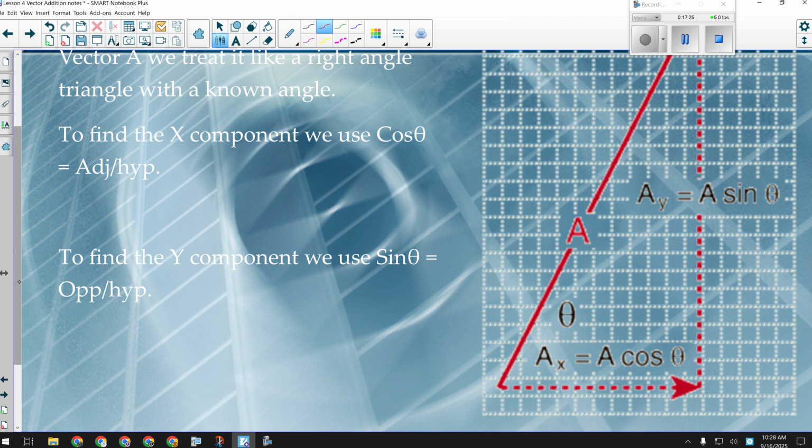Is y always going to be opposite? It isn't always. It depends how the triangle gets drawn. If the triangle just happened to be oriented differently, y could be the adjacent side. So let's say I had this triangle here, and I knew that this angle was 60 degrees. Well, no, sorry, I did that wrong.